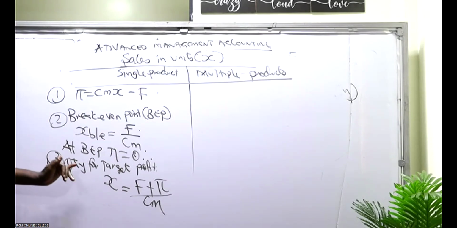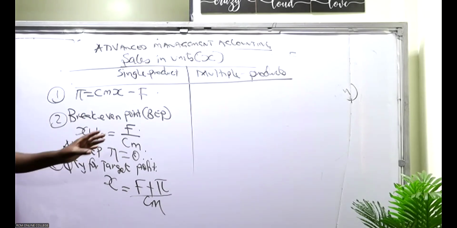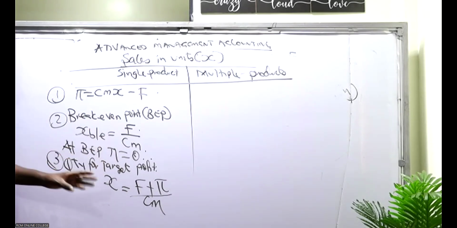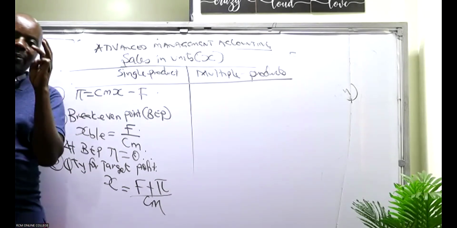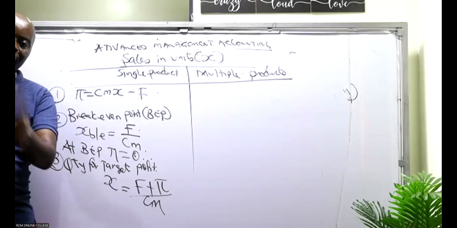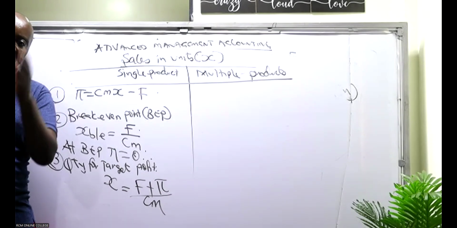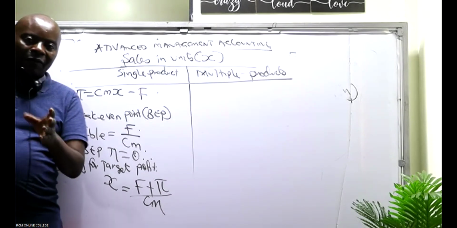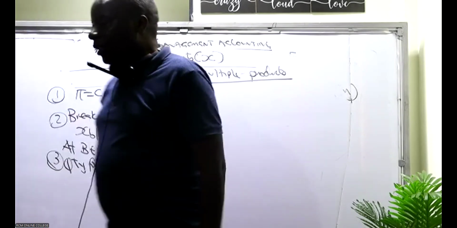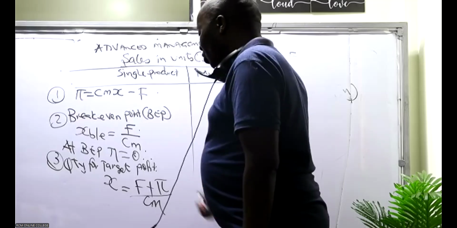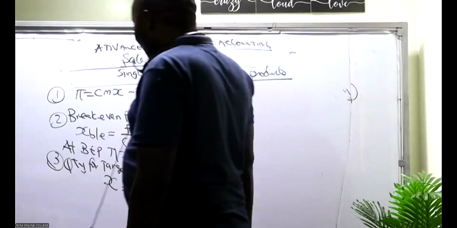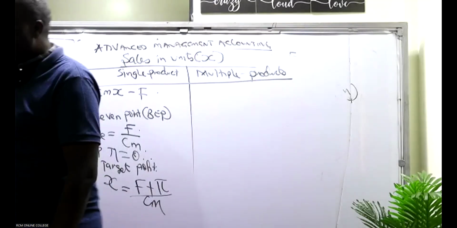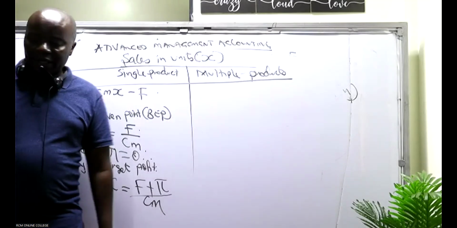Whenever I want quantity X for a targeted profit, I will take the profit I'm targeting plus the firm's fixed cost, because we must always have fixed cost recovery. Then everything shall be divided by the CM.